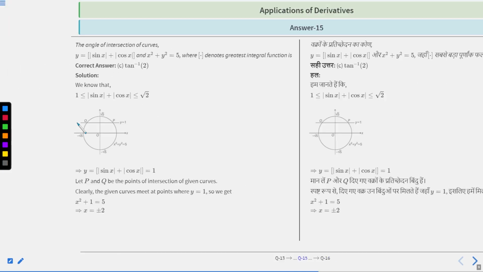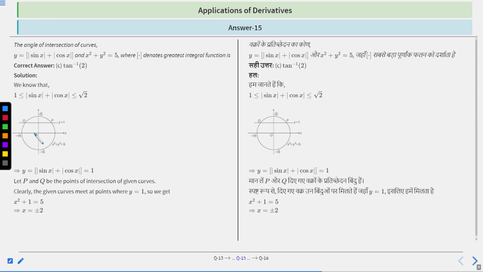Okay, let's move to the solution part. We know that mod sin x plus mod cos x is between 1 to root 2, right? Therefore, the greatest integer function of mod sin x plus mod cos x is equal to 1.